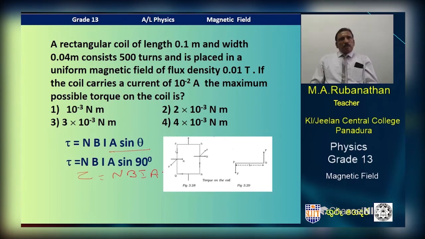This is one of the past paper questions. It's a simple question, so you easily write all the given values in this equation. N is equal to 500, B is equal to 0.01 Tesla, and I is equal to 10 to the power minus 2, and A is equal to length 0.1 meter times width 0.04 meter.